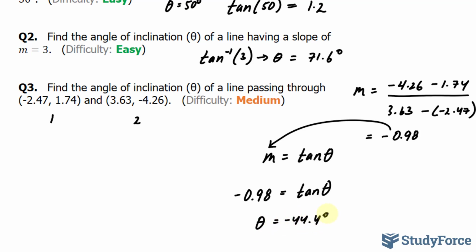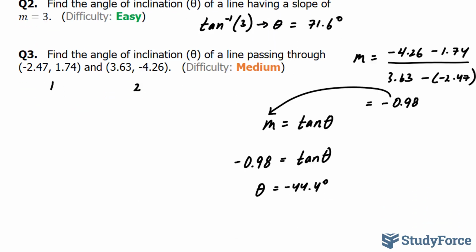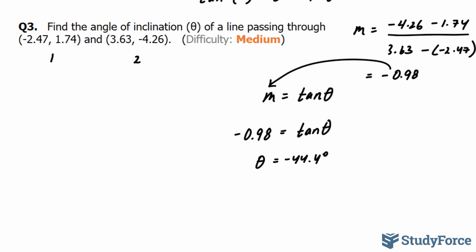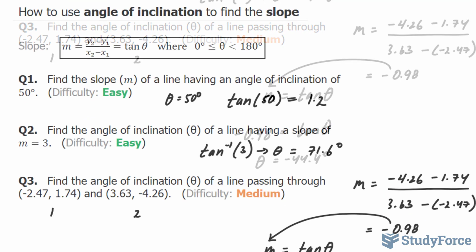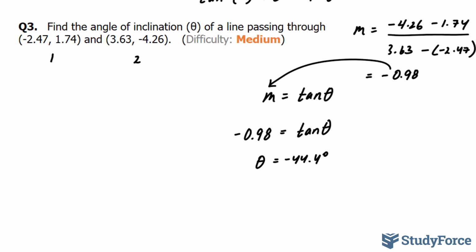Now that's problematic for us because according to this formula, the angle needs to be between 0 and 180. So how do we change negative 44.4 degrees into something that is positive? So to tackle this issue, what we will do is take the absolute of this number.